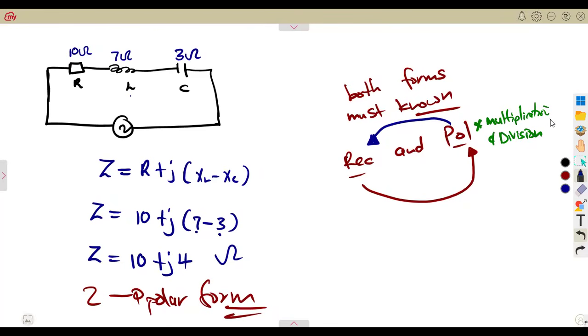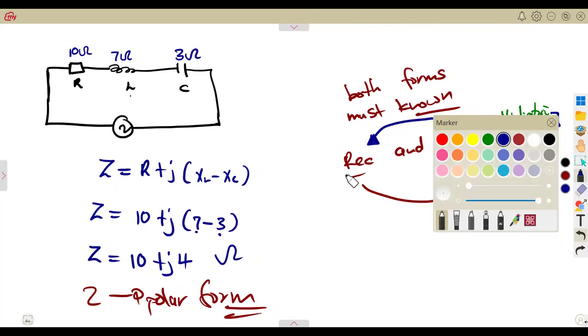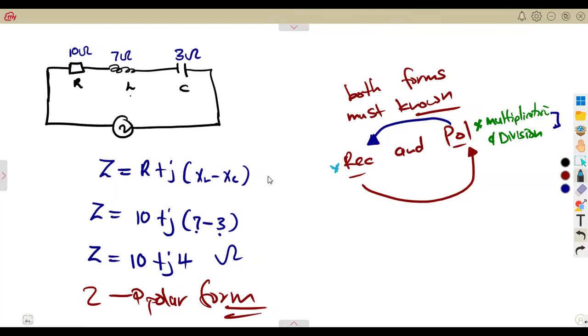Limit it only to these two in your calculations as we deal with our circuits. And the rectangular form, you limit it to addition and subtraction. If it is in polar form, convert it to rectangular form, then you can add or subtract, then convert it back to polar form if necessary.